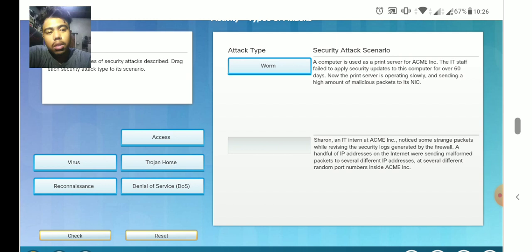And next are shield return knocking. Notice some shield packets with such security logs generated by the firewall. A handful of addresses on the internet were spoofing information packets to specially different IP addresses.